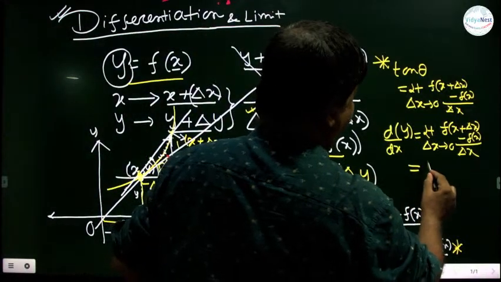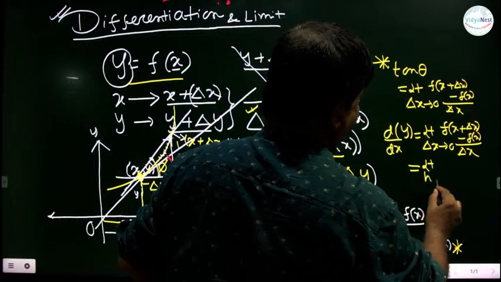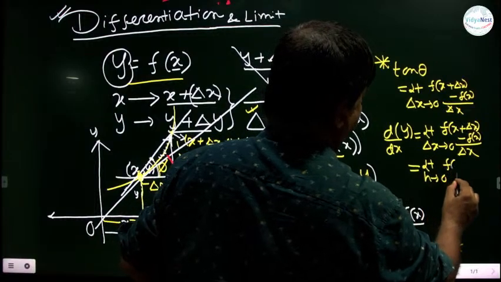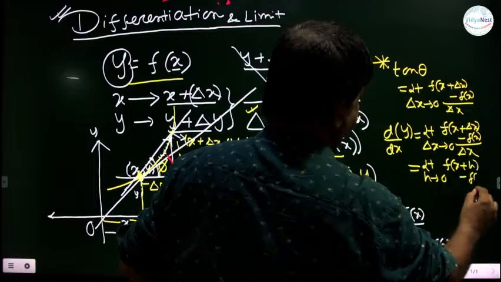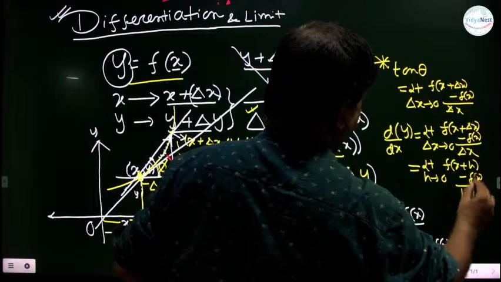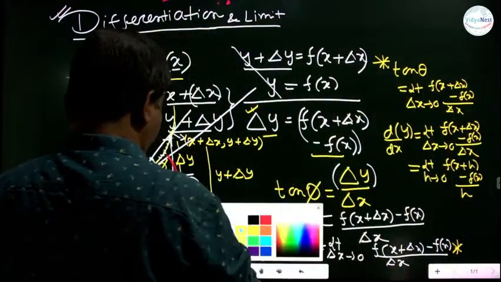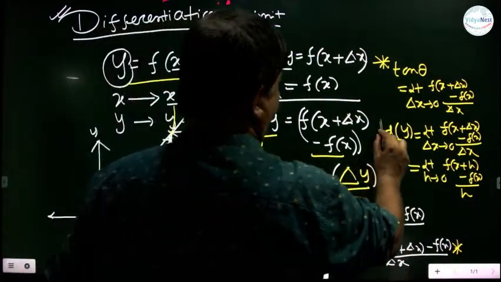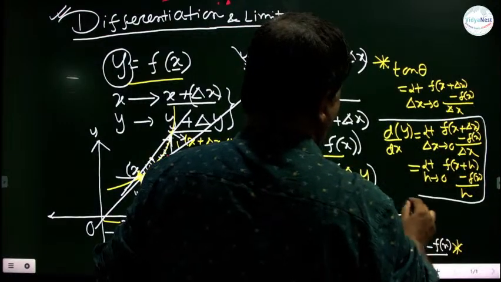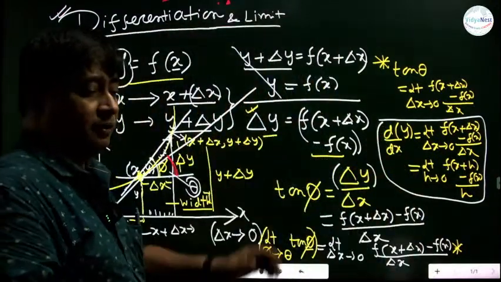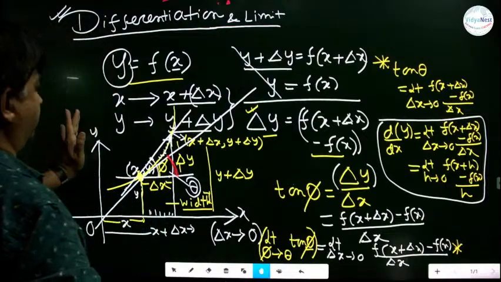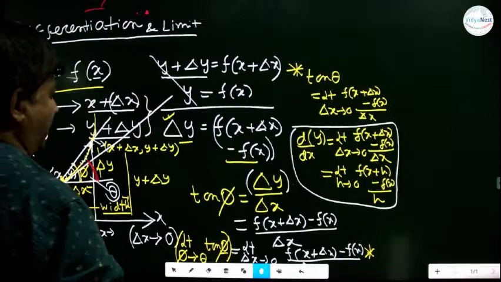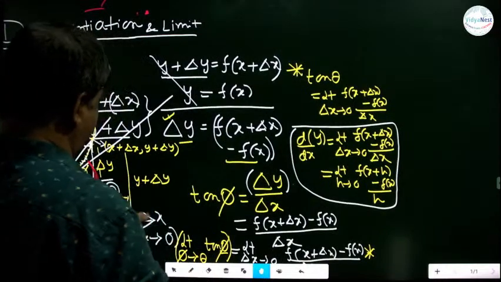Instead of delta x, I can put h tends to 0. So this is called the definition of differentiation, or first principle of differentiation.